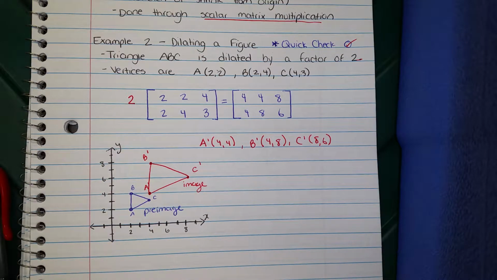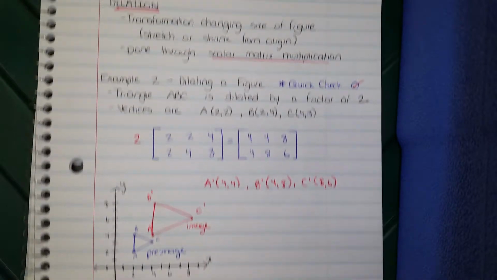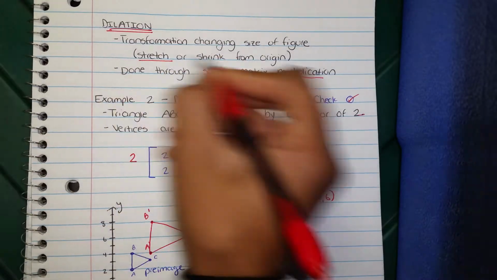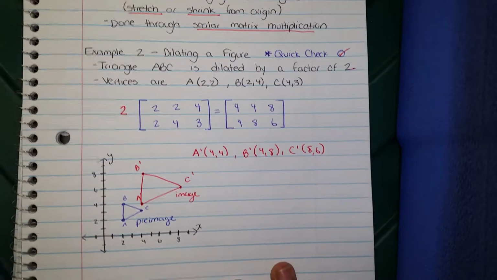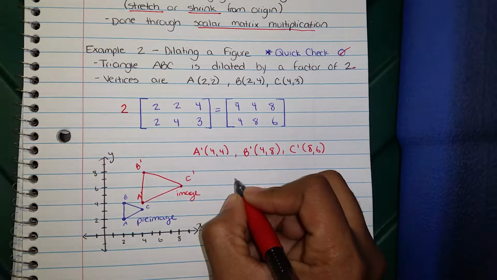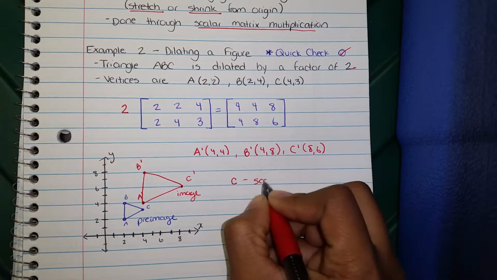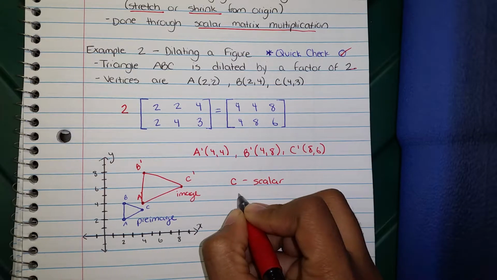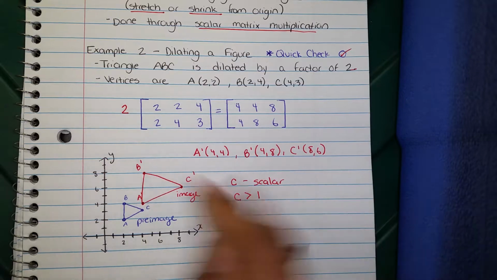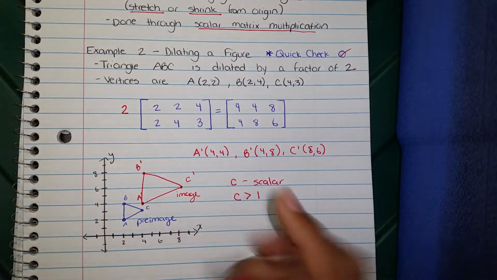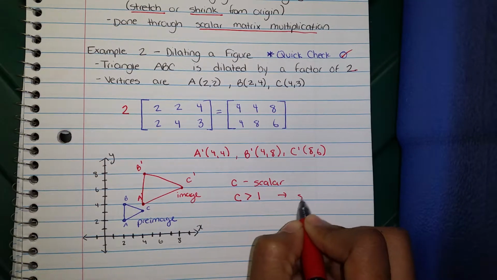So one important thing to know with dilations is that, remember, earlier I said it is a stretch or a shrink. What determines whether it's being stretched or shrunk? Well, let's call this C, my scalar. If my scalar is bigger than 1, like our number 2 here, then it is a stretch.